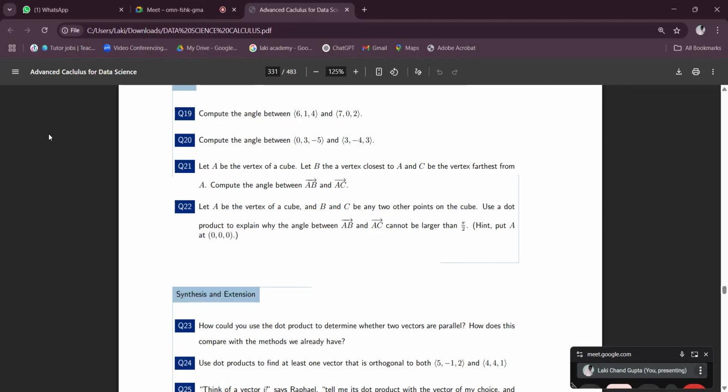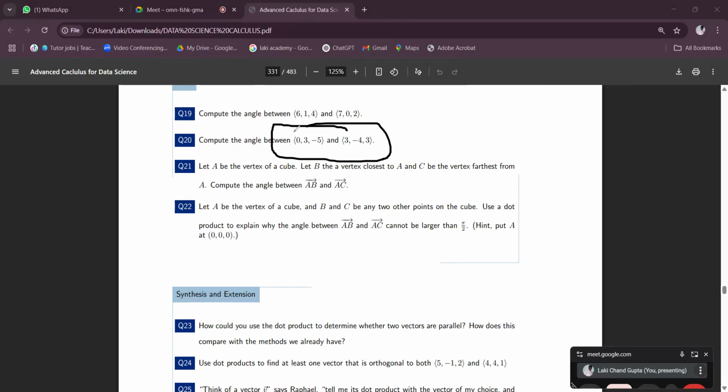Now can you tell the angle between these two? We need to find the cosine first.